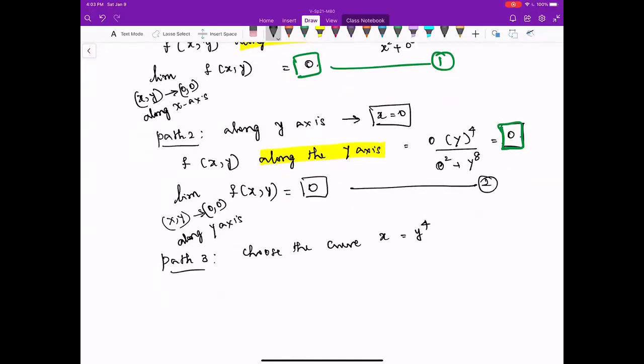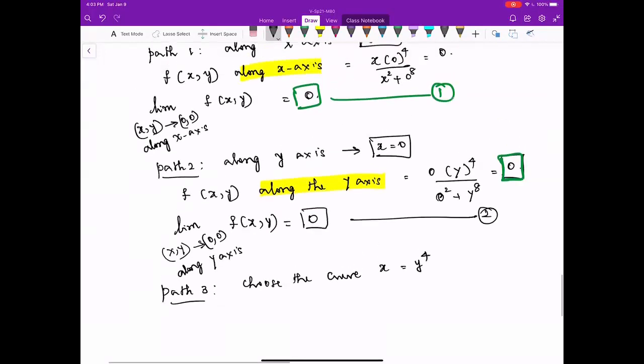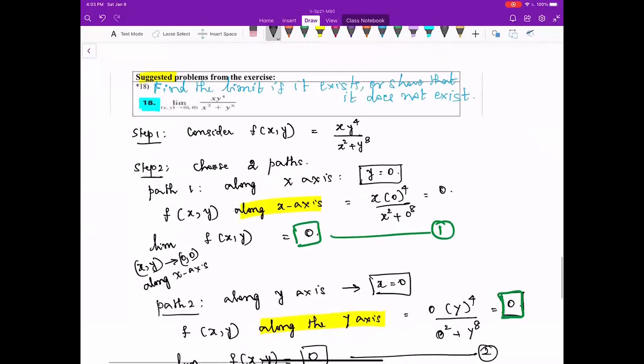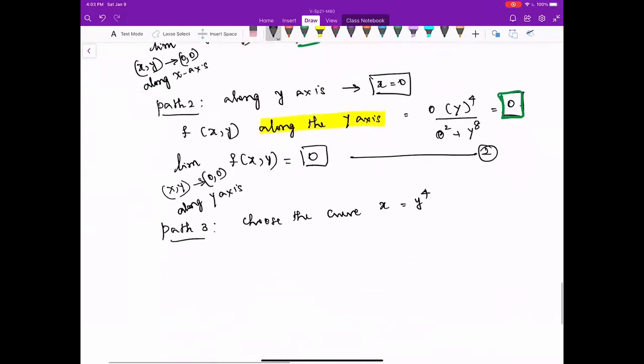The reason I picked y to the power 4 is that I see the numerator involving y to the power 4 and the denominator involving y to the power 8. So let's try that. Along this path, when x equals y to the power 4, f of xy becomes f of y to the power 4 comma y.